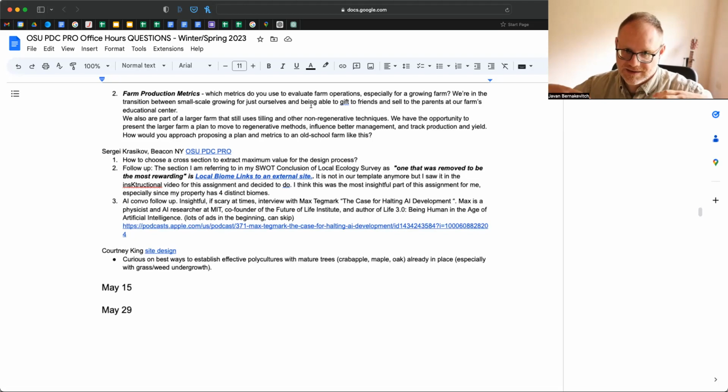Again, its strength is that holistic nature, that conversation that brings it all together, plus the fact that it's very resilient. Regenerative farms, permaculture farms tend not to be affected by prolonged drought because they've worked on the soil structure.